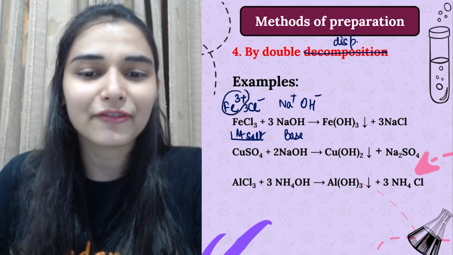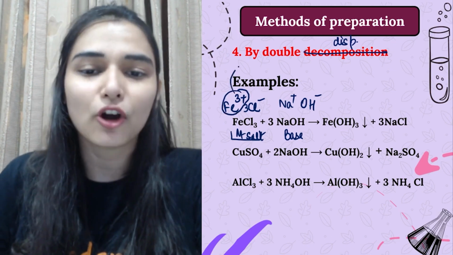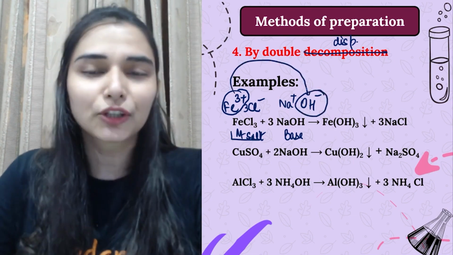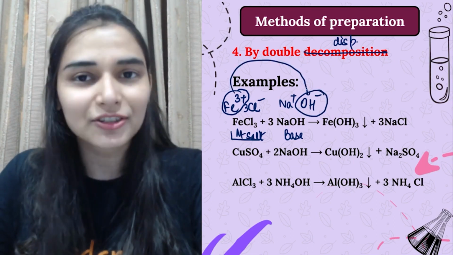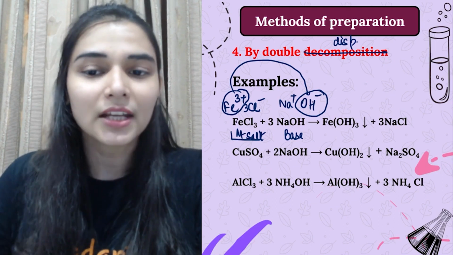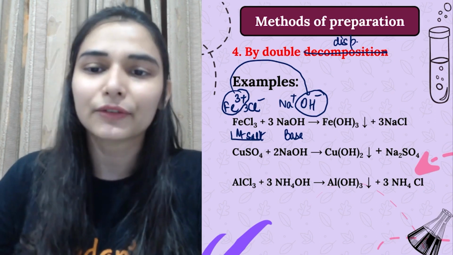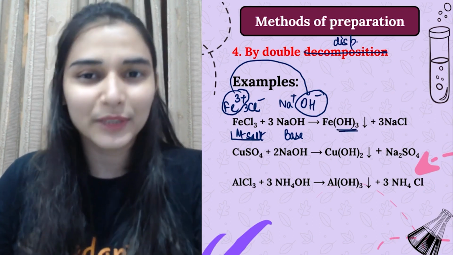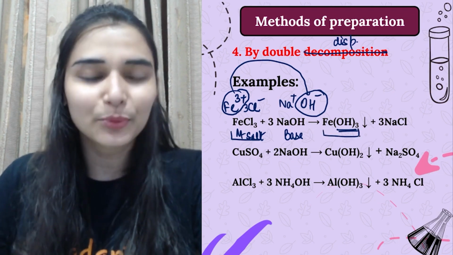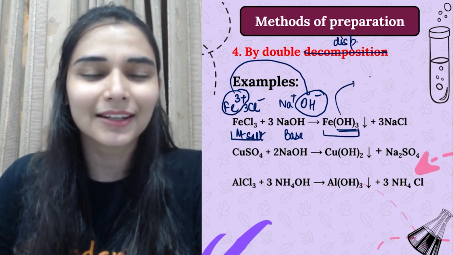This Fe3+ ion is gonna go with OH ions. Okay, you know that whenever a compound is formed, charges have to be neutralized. So 3+ is the charge on iron. So here you have to take 3 negative charge, means 3 OH I would be taking. Okay, so you are getting Fe(OH)3, that will precipitate out, and that is again a base.